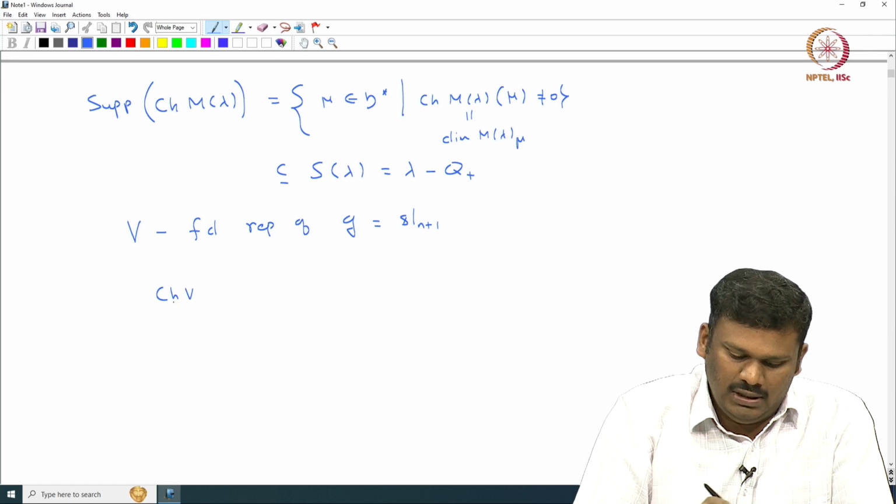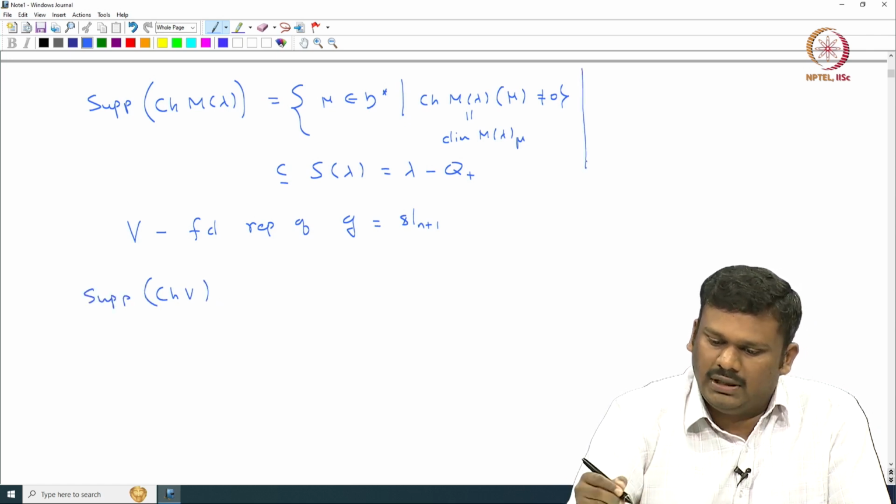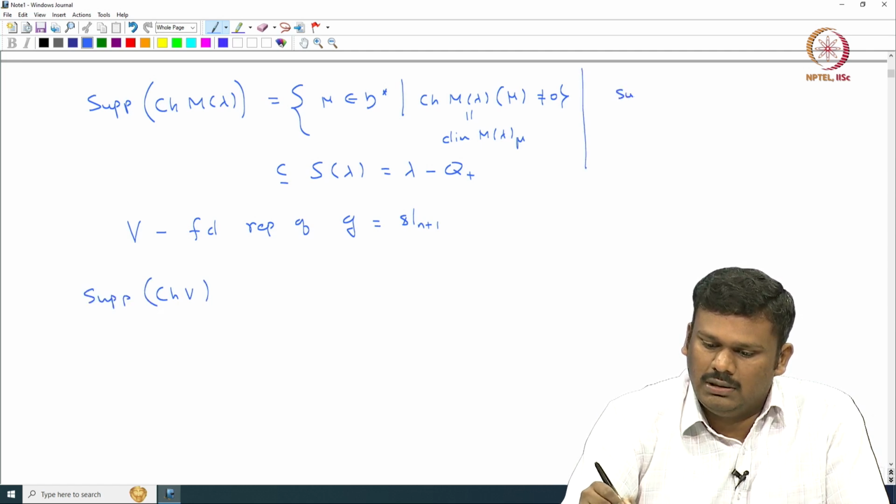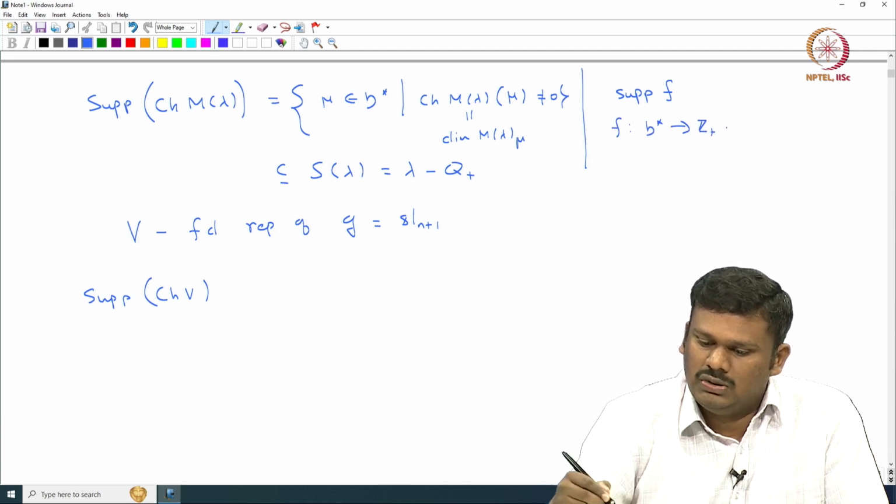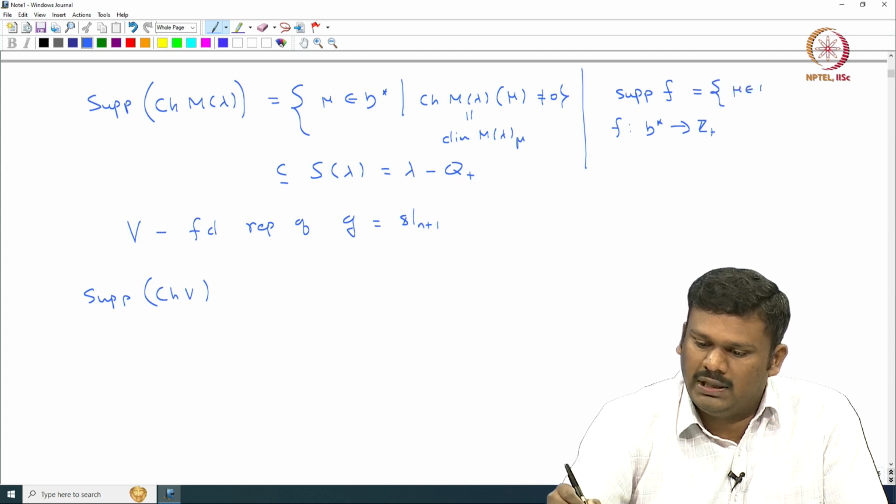Then the character of V, if I take the support of this. So, support for any function is defined as follows. Let us say the function is from H star to Z plus. Given a function f, the support of f is defined to be those mu in H star such that f of mu is non-zero.